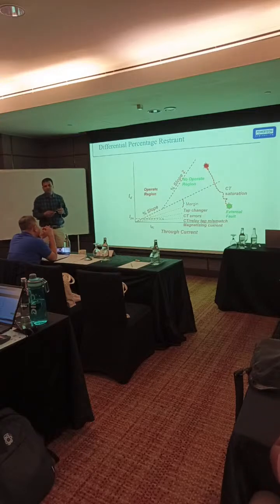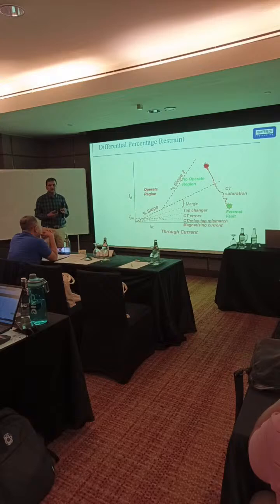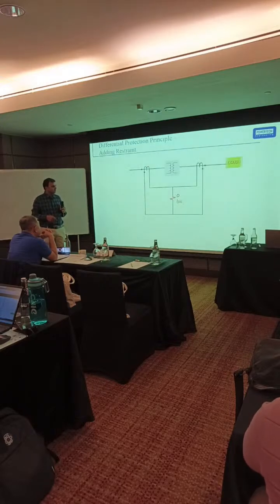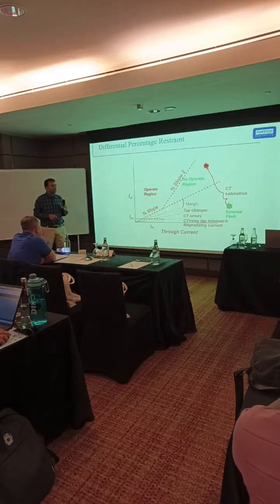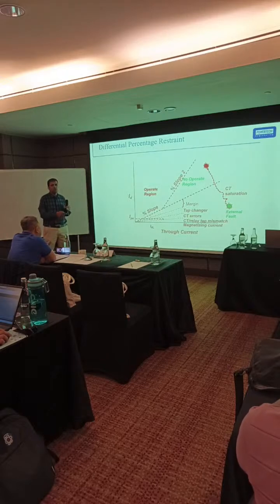There will still be some error, but the major factor is this tap changer, which creates more error. The tap changer is not in the generator, so that is why this slope may be removed and we have only one slope.